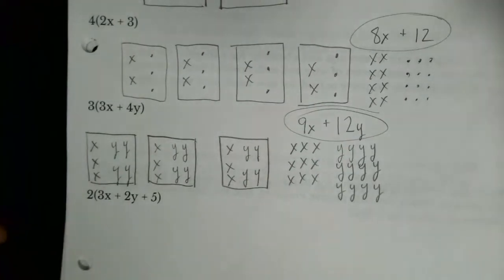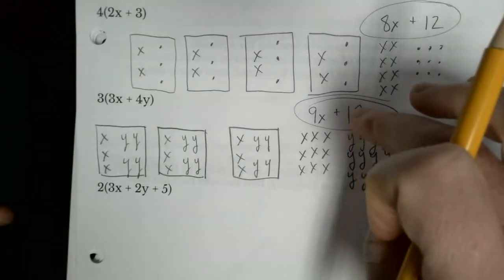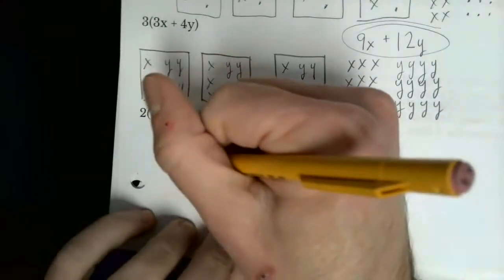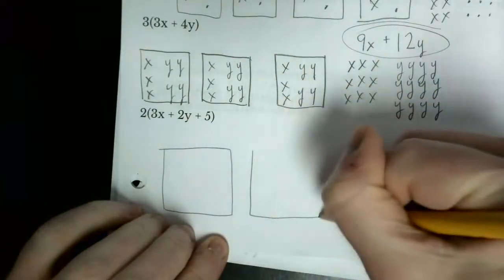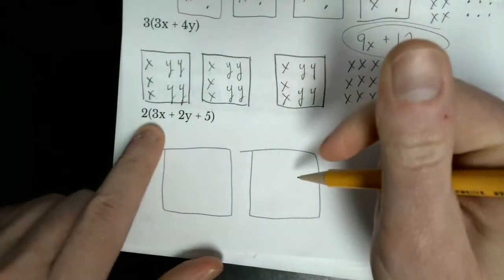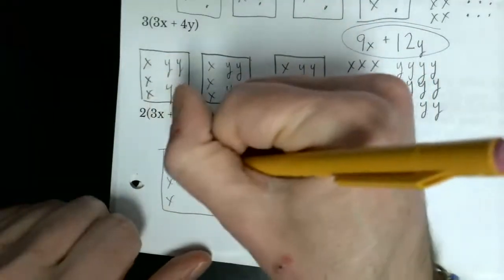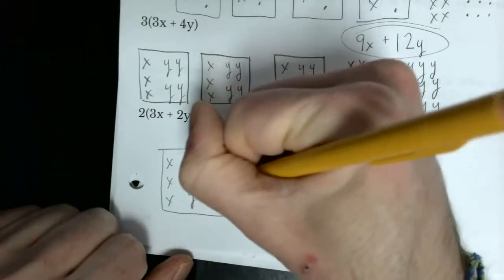All right, let's try one more like this, and then I'm going to show you the shortcut that you can use to find that expression using the distributive property, which again is like ungrouping. We have 2 groups here, and there are 3 things in each group: 3 x's, 2 y's, and 5 ones. So I'm going to put those in each group.